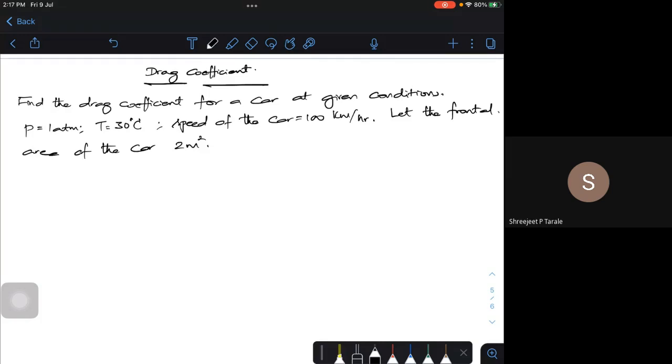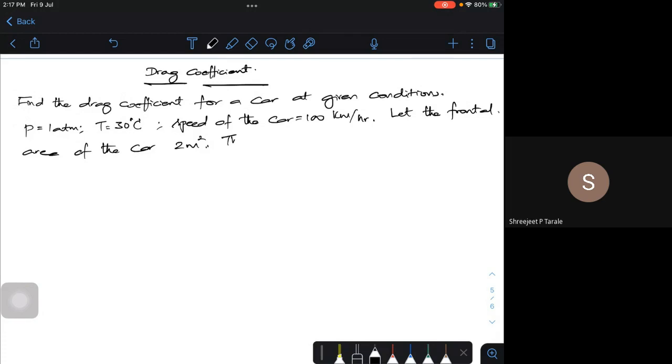If I take around 30 kgs, 30 kgs means roughly 300 newtons. So the force acting on the frontal area, let it be around 300, because I'm just taking the size of the car to be a small car. So the force acting on the car, let me take that.